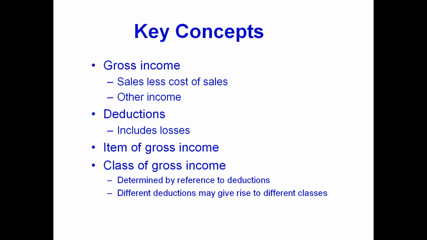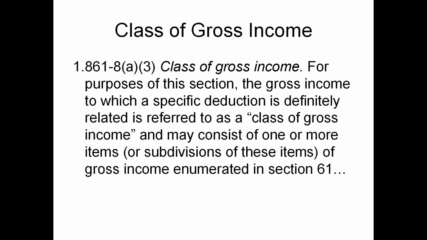So now we get to the really critical concept here that's sometimes a little hard to understand. What is a class of gross income? And at this point, I want to show you what the regulations say and read this. You'll have to bear with me on a few of these things because I'm going to read the slide because it's so important.